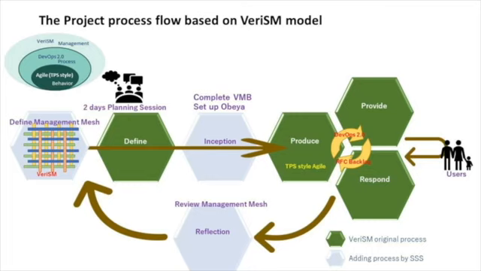Adding the reflection process aims at building a larger PDCA cycle in the VeriSM model to manage the management mesh and business. We plan to hold a reflection meeting quarterly to review the EOL conditions of the software we develop in this project.